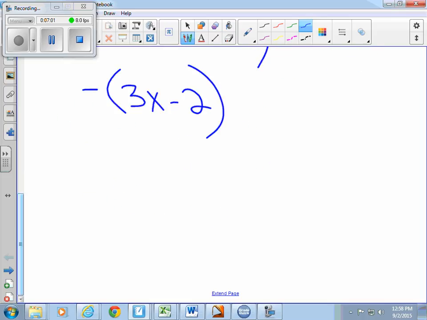See if you can help me write the shortcut. In general, if I have the derivative of an integral from a constant, I'm going to call the constant a, to u, where u is a function of x. So pretend u is a function of x.